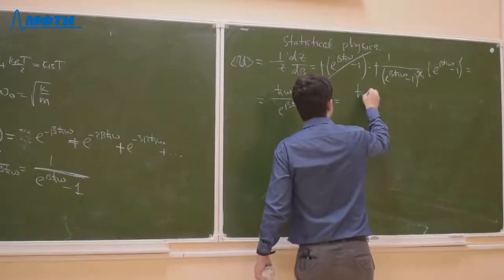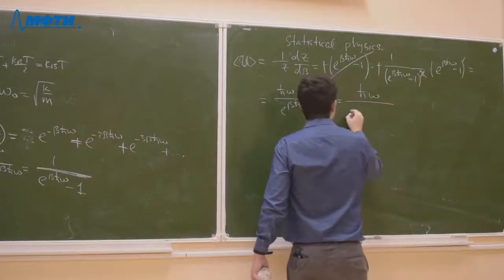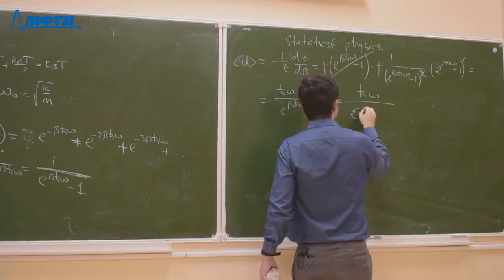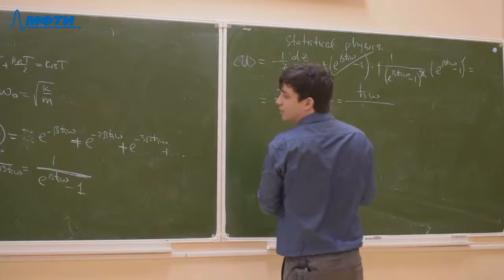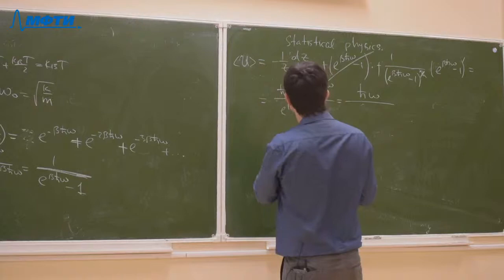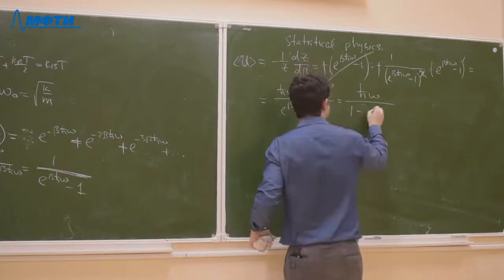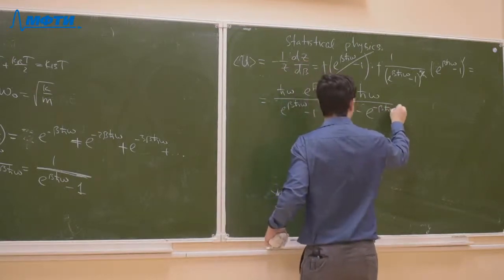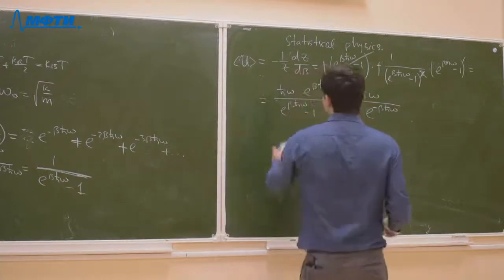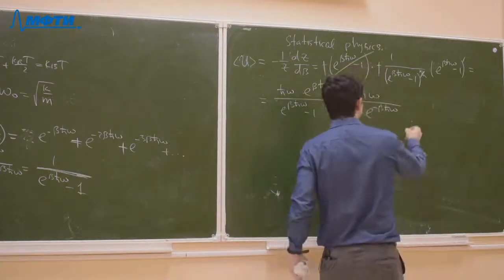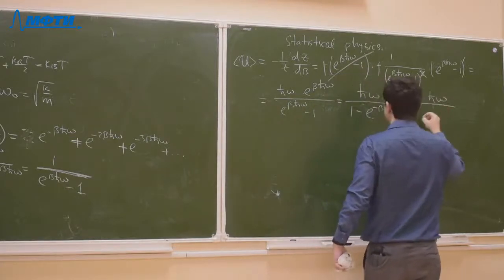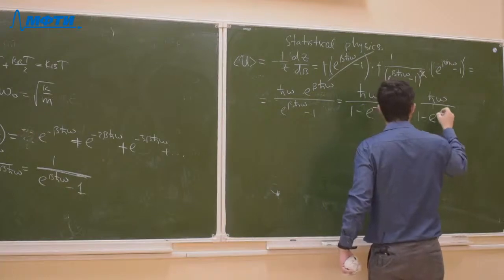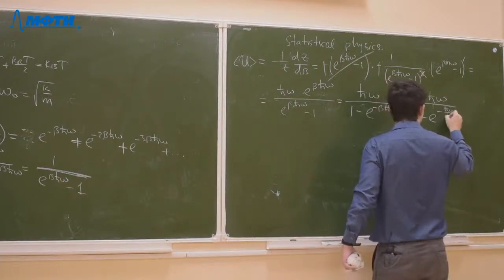Then we can write h omega over 1 minus e to the power minus beta h omega. Or then using that beta is actually 1 over kBT, we can write that the energy is h omega over 1 minus e to the power minus h omega over kBT.